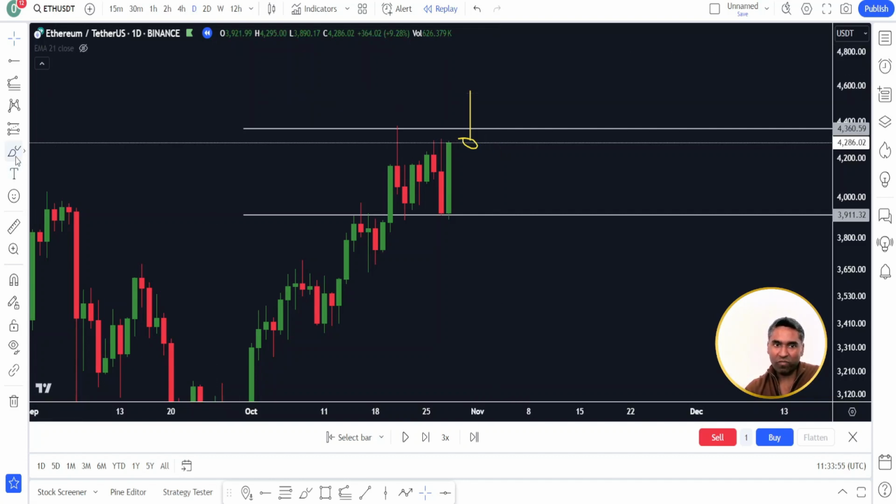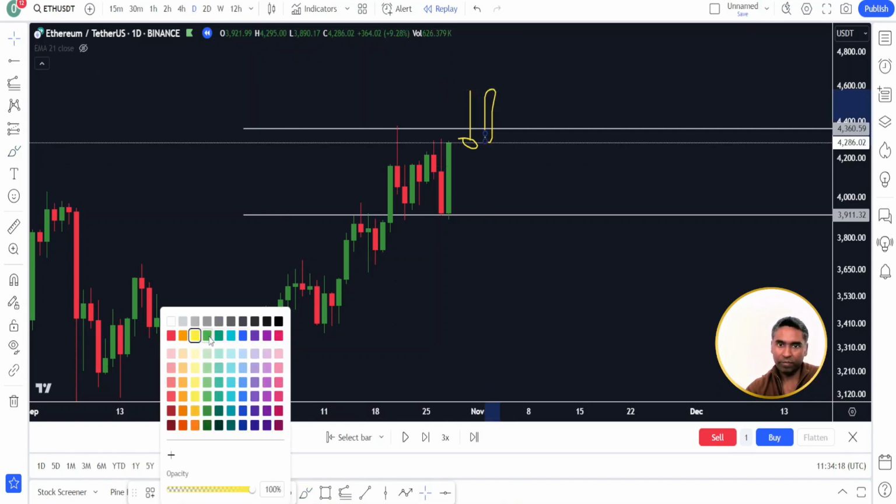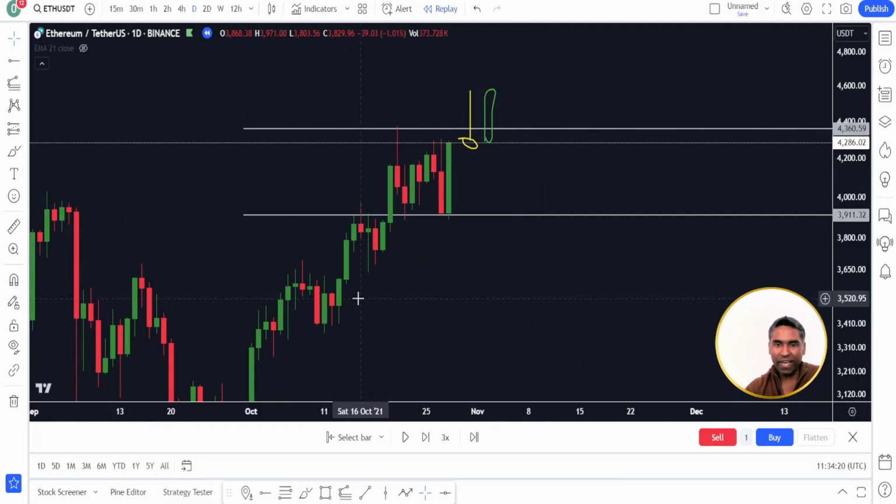Another pattern which we can see in this area: maybe the price goes up like this, and for example this is a green candle, let me make it green. Then immediately the second candle comes and it's a red candle and it covers all of this candle.